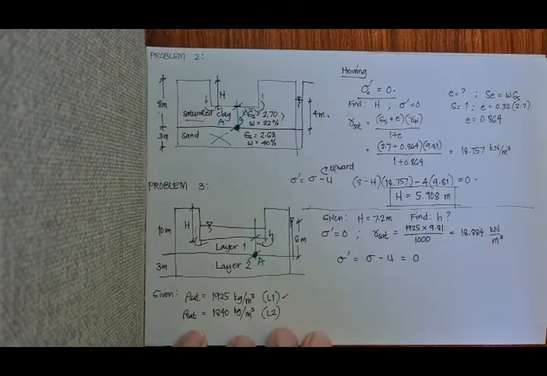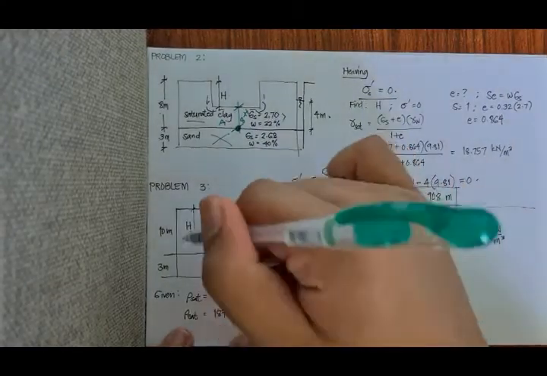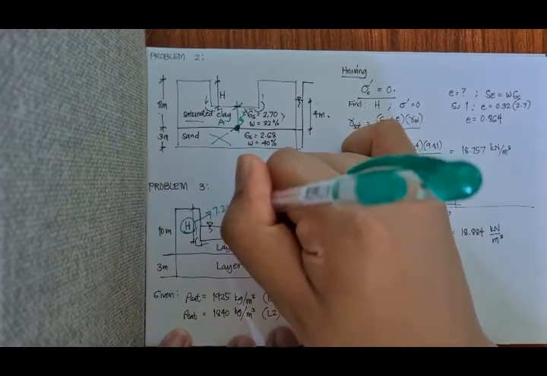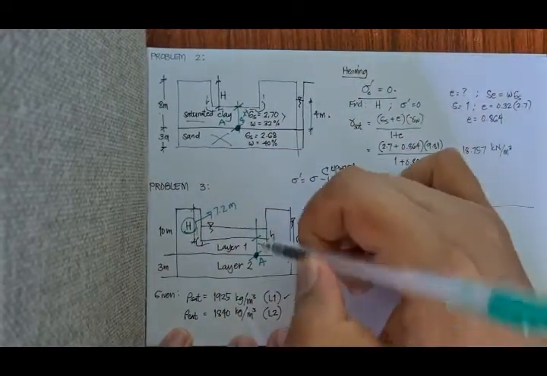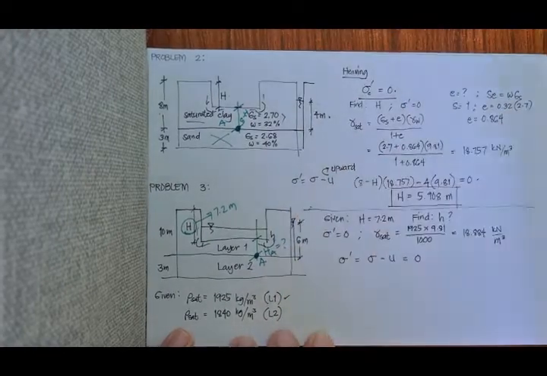Okay, so paano natin mahahanap ngayon yung sa layer 1? Alam natin na yung height is equal to 7.2 meters. So, ibig sabihin, yung height at A, pwede natin mahanap.